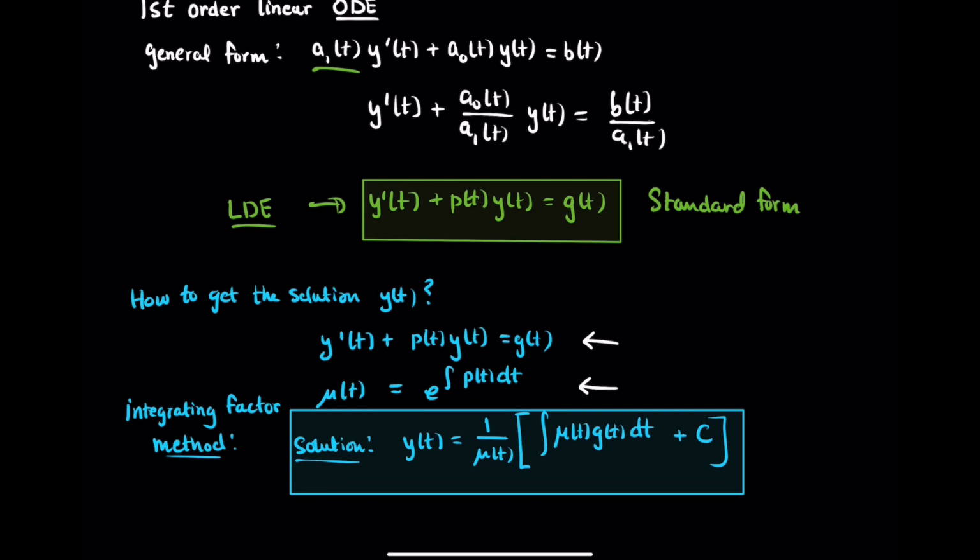And so when you take the integral of p(t), do not add a plus c, because in the third equation, we've already got the plus c. So don't worry about that. And then once you got mu(t), then you plug mu(t) into this equation right here, into the solution, into part 3. And then that's how you get your solution, y(t). Okay? And if you're given an initial value problem, then you're going to have to solve for c.